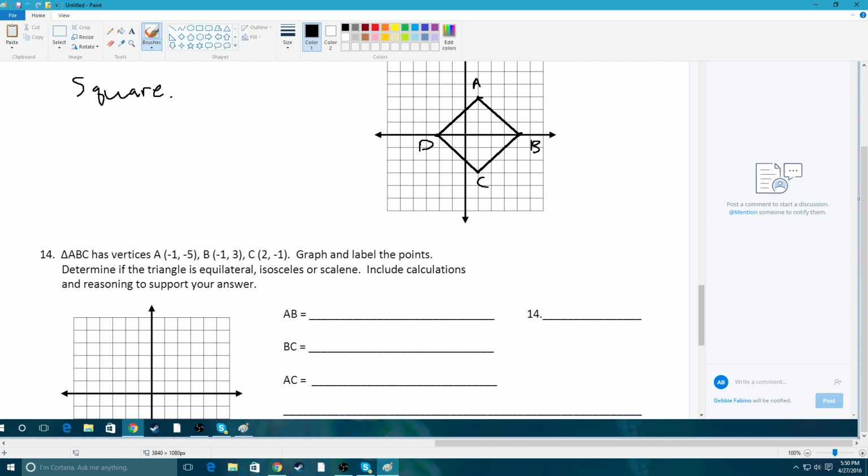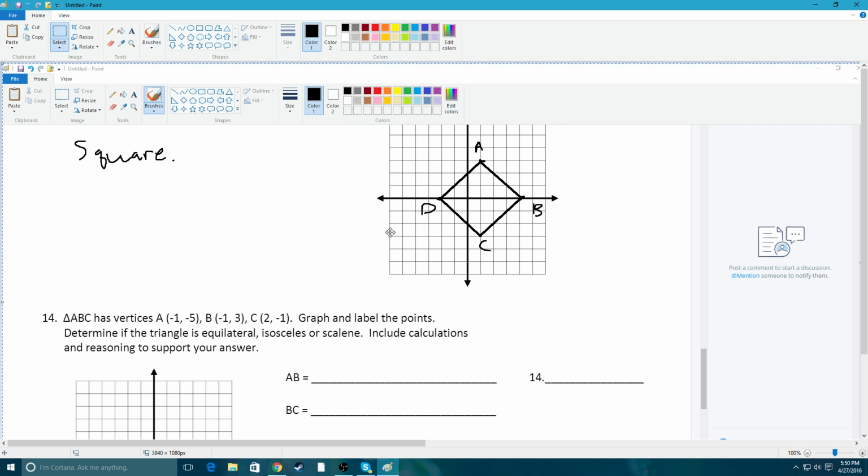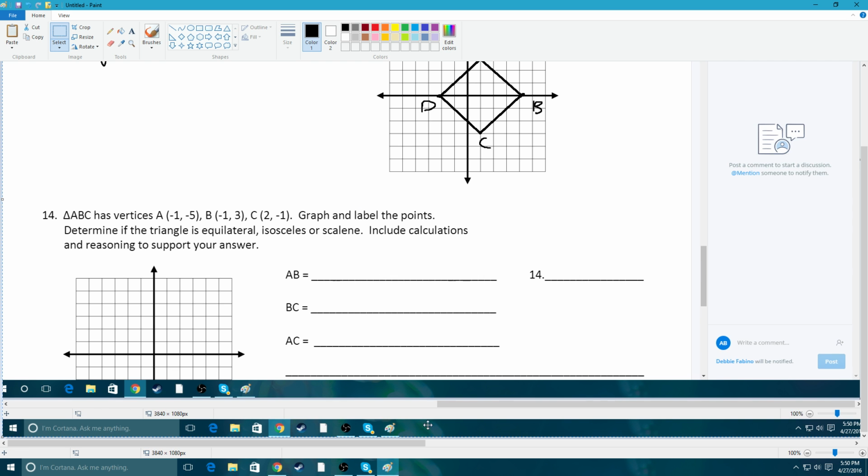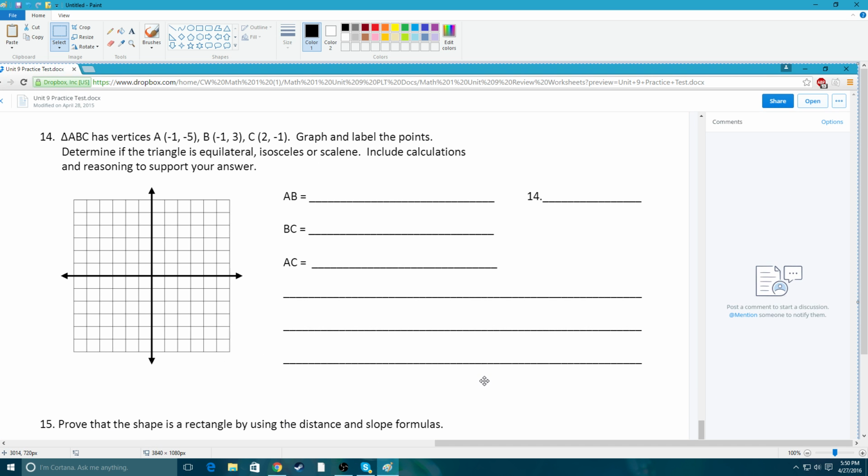Okay. Number 14. Okay, A is at negative 1, negative 5. There's A. B is at negative 1, 3.